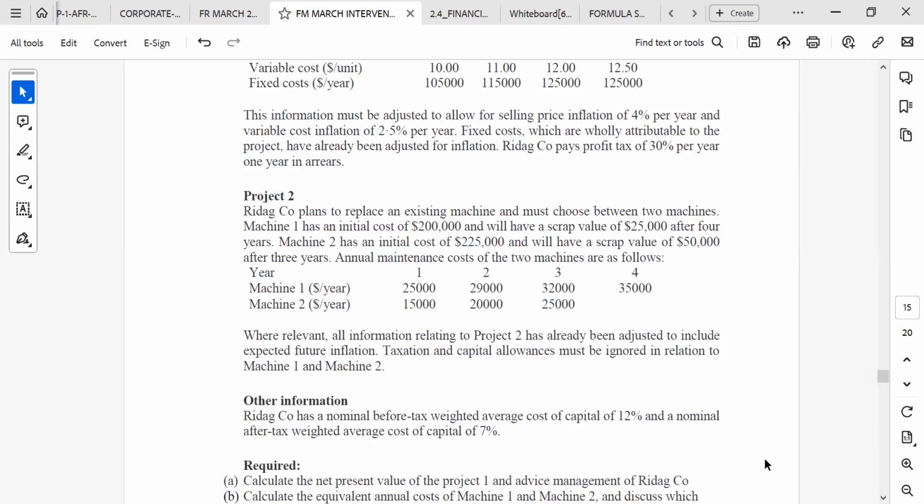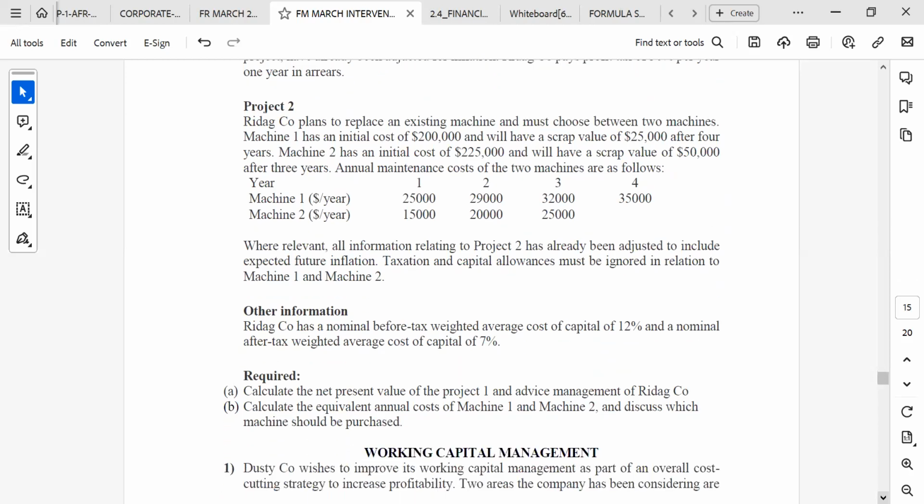Required. A. Calculate the net present value of Project 1 and advise management of Regard Co. B. Calculate the equivalent annual cost of Machine 1 and 2 and discuss which machine should be purchased.